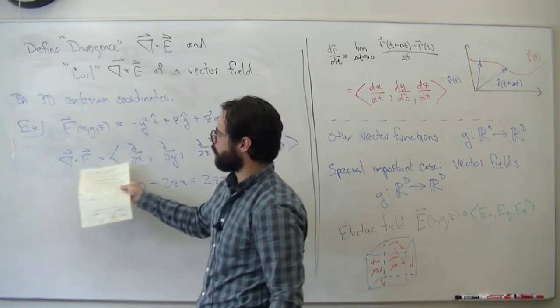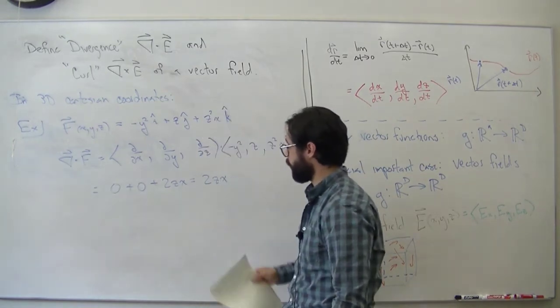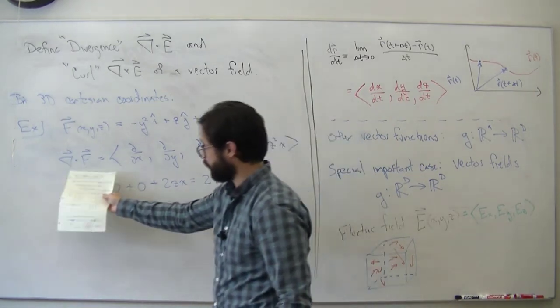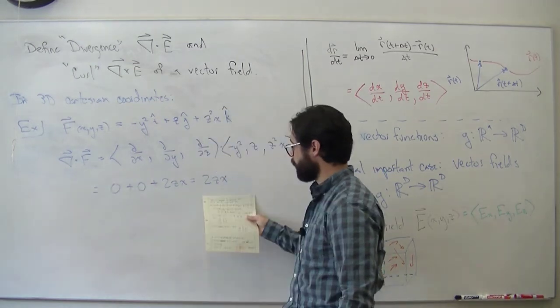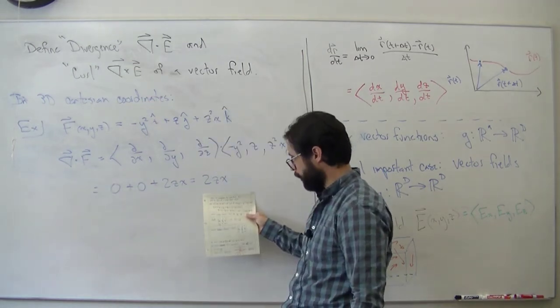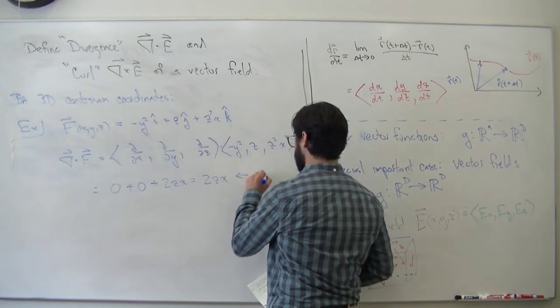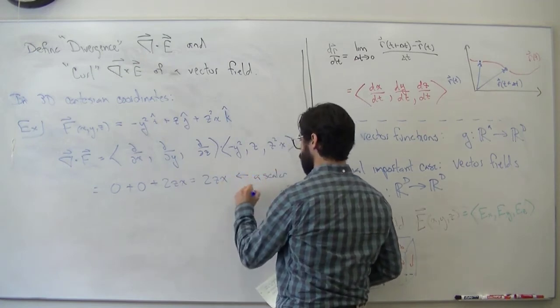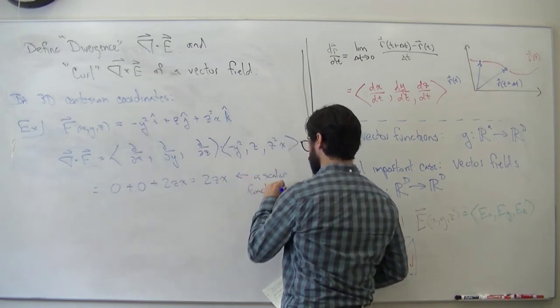And just as the dot product of two vectors is a scalar, the dot product of the gradient operator with a vector function is a scalar function. Right.